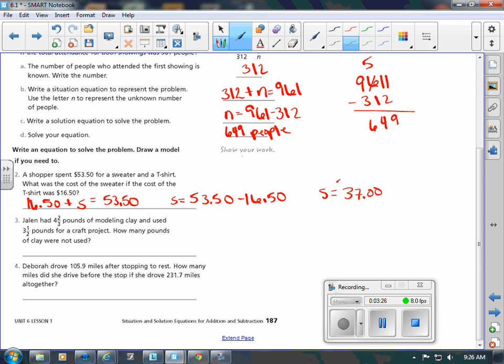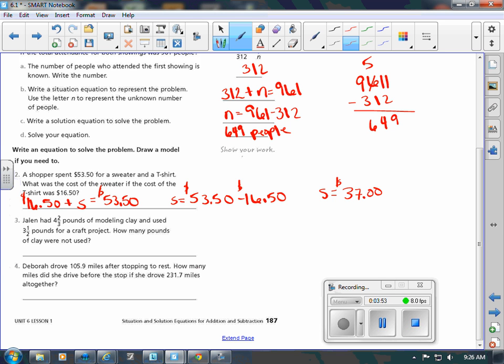Okay. And really I should have dollars on all of these probably. Okay, we're going to get a little bit more complicated because we're now adding mixed numbers here. Jaylene had 4 2/3 pounds of modeling clay and used 3.5 pounds for a craft project. How many pounds of clay were not used? Okay, this one it's pretty hard to do a situation equation.